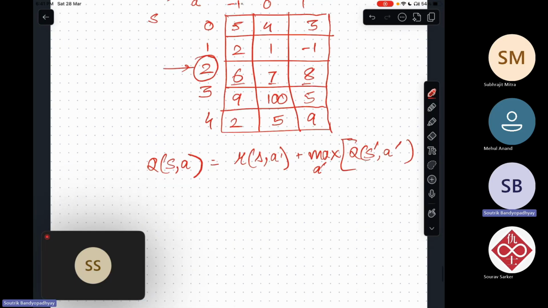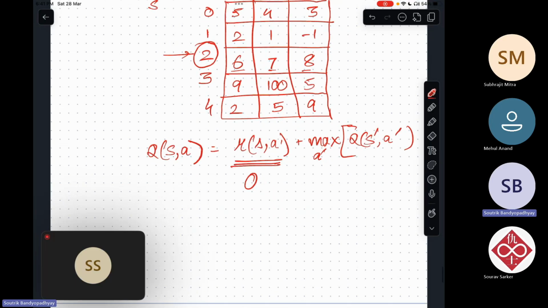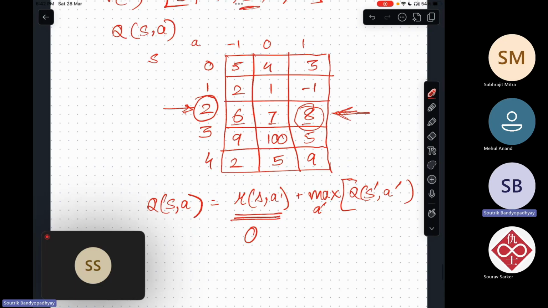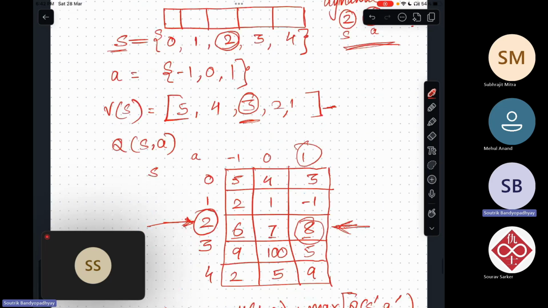Now suppose all these rewards are zero. Now the best value to pick from here would be the maximum across this row. Am I right? So the best action to take from state 2 would be this action 1. But you had no information from this value function table.